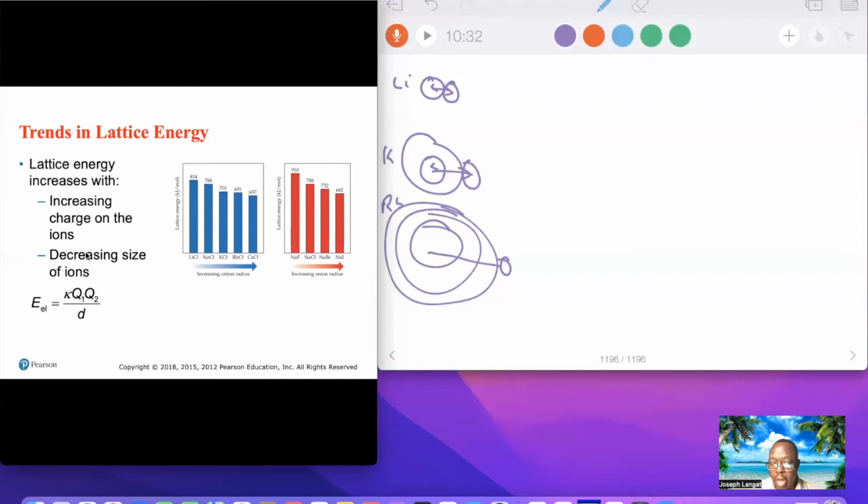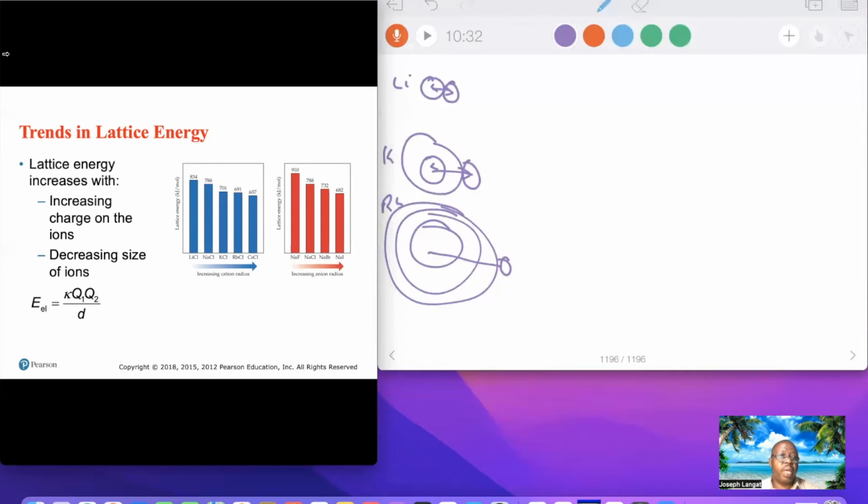That is the trend I want you to remember, because you will be given a series of compounds and you are asked to either rank them according to increasing lattice energy, or state which one has the highest lattice energy and so forth, only with the periodic table.